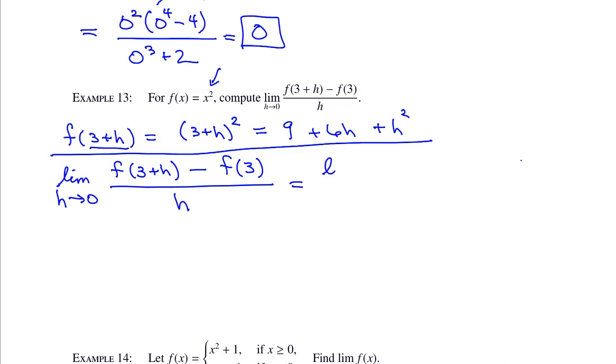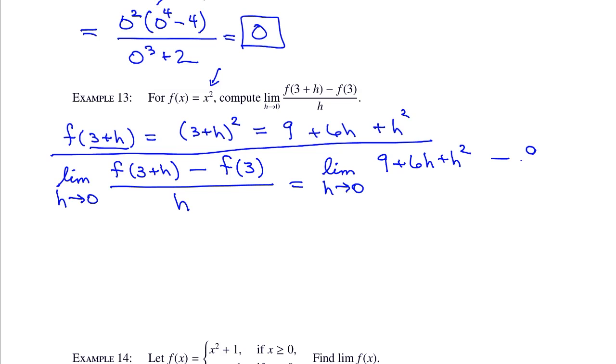This would be the limit as h goes to 0 of 9 plus 6h plus h squared, minus, the next piece is f of 3. That means we need to take 3 and plug it into the function. This function is the squaring function. What is 3 squared?